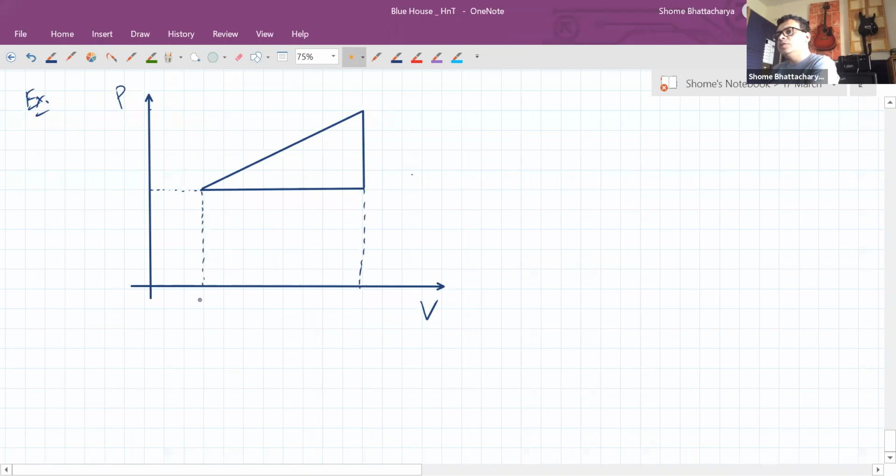Here the volume is, let us say, 2000 milliliters, and here the volume is 5000 milliliters, and here the pressure is 1 into 10 raised to 5 pascals.